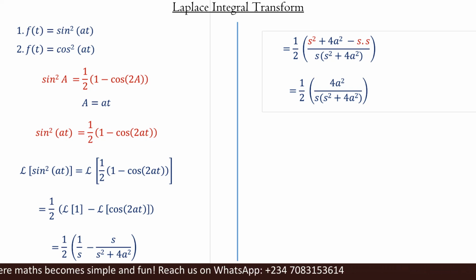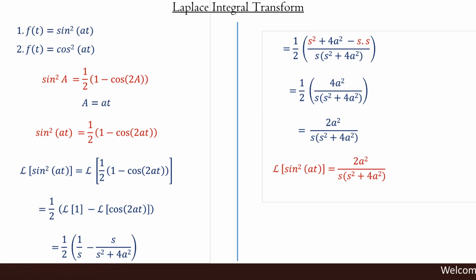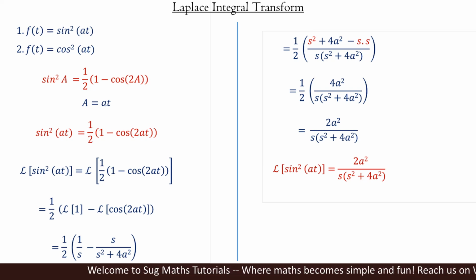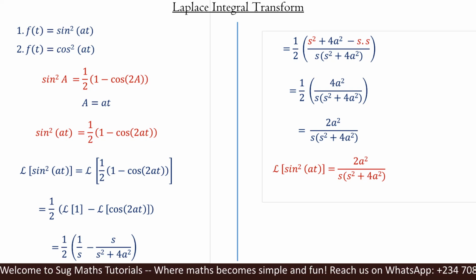Using this 1 all over 2 to multiply the 4 in the numerator is going to give us 2. So here we have 2a squared all over s open bracket s squared plus 4a squared. Meaning that the Laplace transform of sine squared at is equal to 2a squared all over s open bracket s squared plus 4a squared.